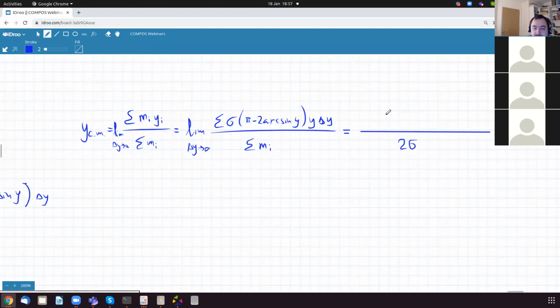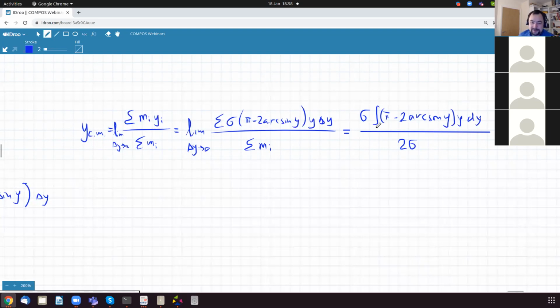And the top becomes an integral, because when you make the limit delta y go to 0, it's going to be sigma, which can be taken out, times the integral of pi minus 2 arc sine y dy, sorry, multiplied by y dy.